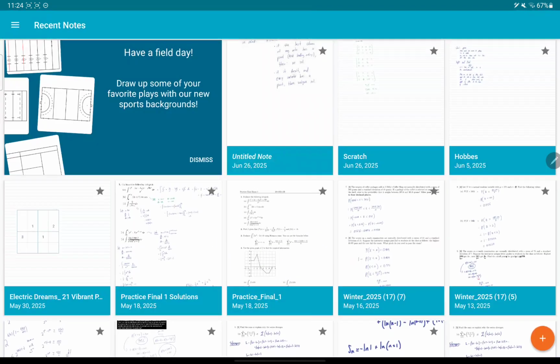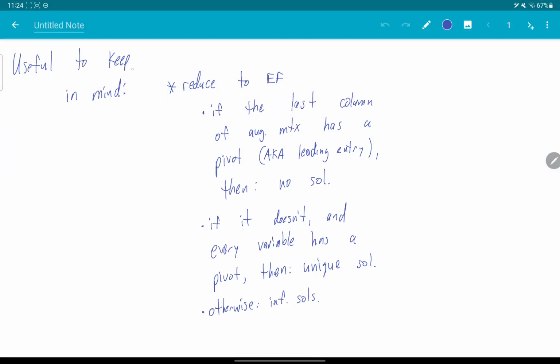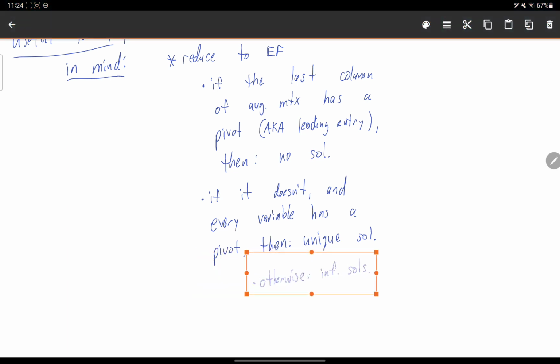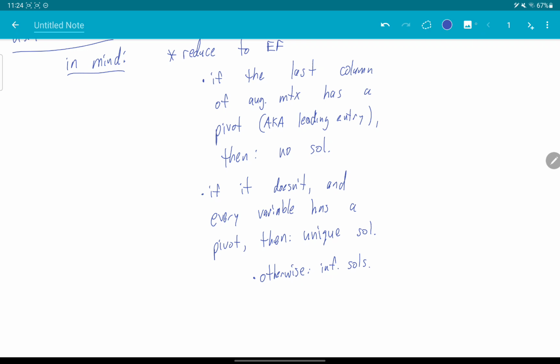Okay, so this is a kind of outline of a strategy here. I want to indent something. Let's indent this a little bit, just to indicate that when I'm in this situation, I'm still in the case where the last column of the augmented matrix does not have a pivot.